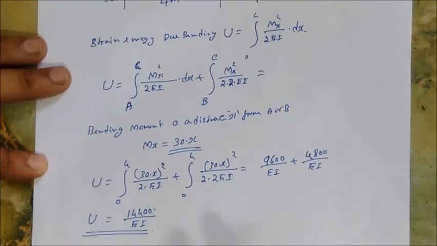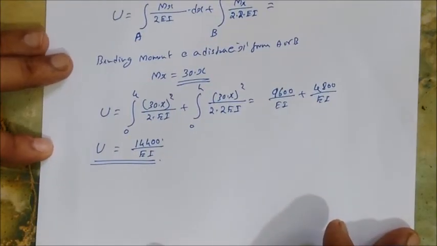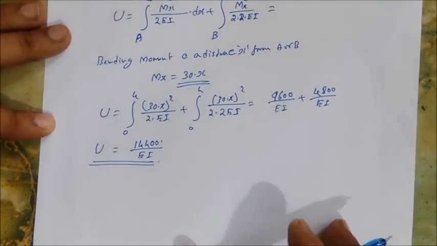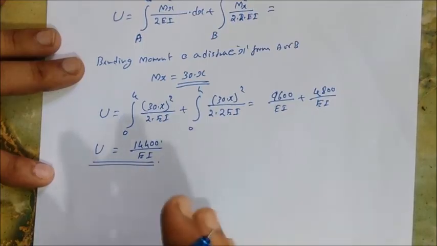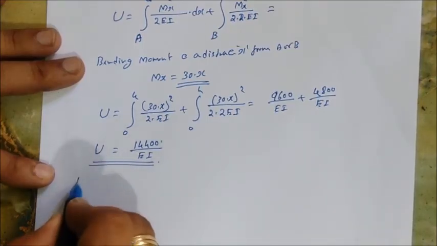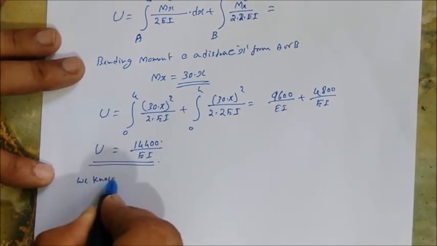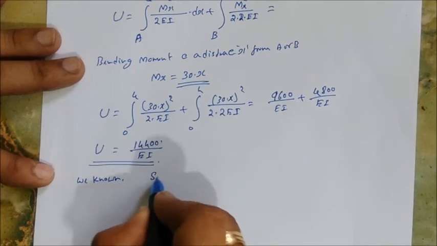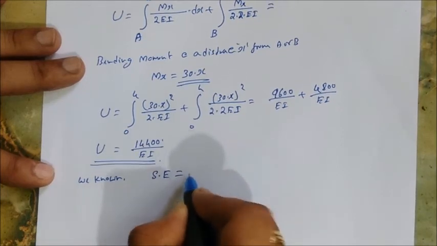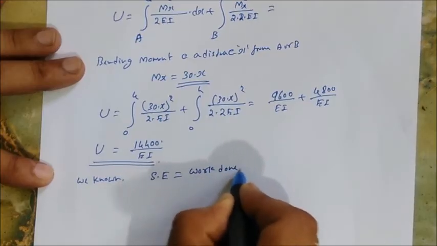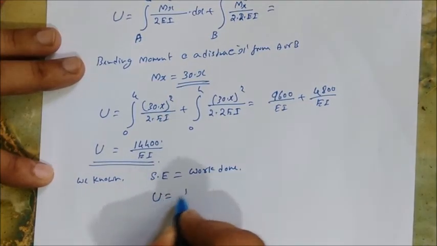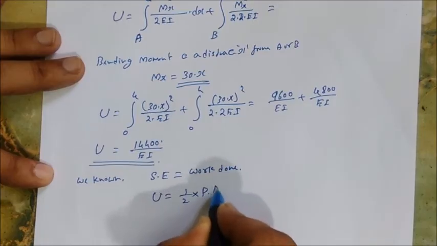Now when you use the strain energy concept, the total strain energy should be equal to the work done by the external load. So U is equal to half into P into delta.